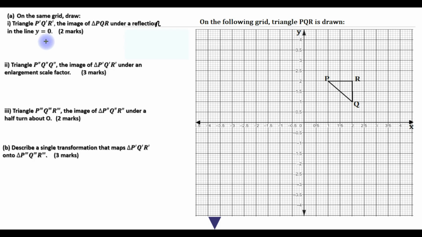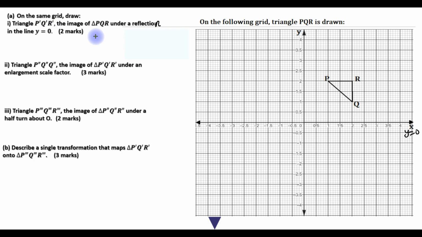The line y equals 0 is actually the x-axis. Therefore we need to locate P prime, Q prime, R prime.